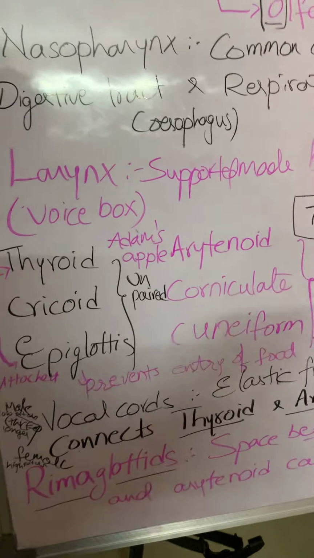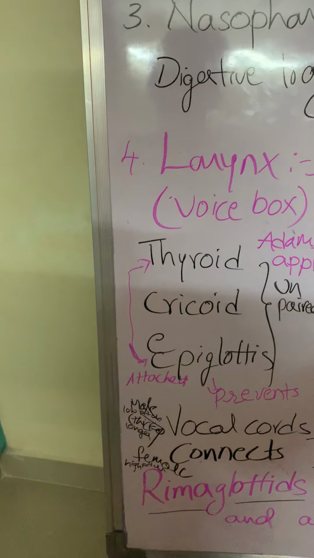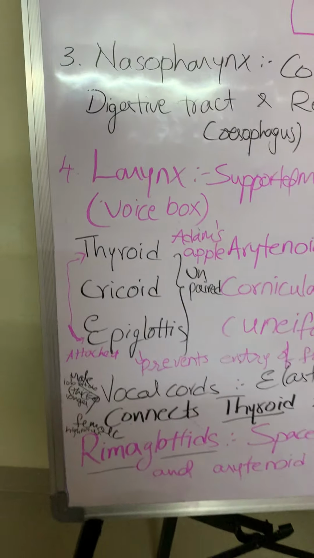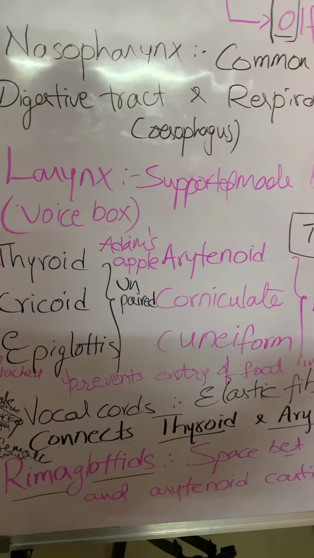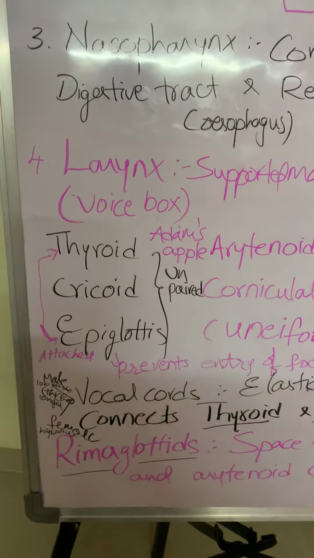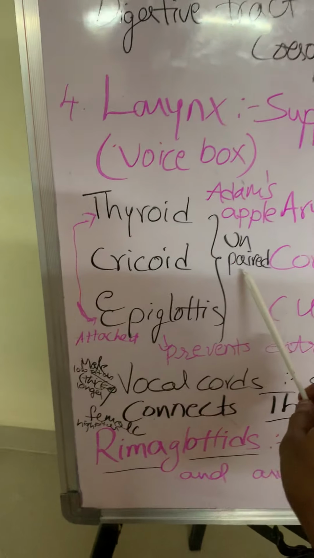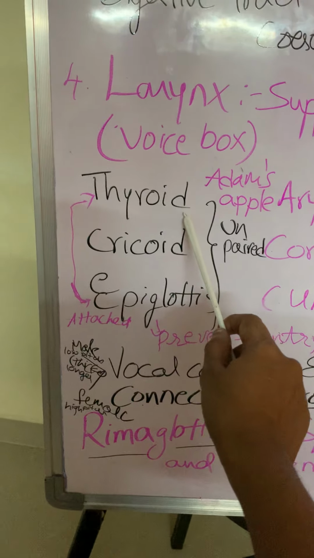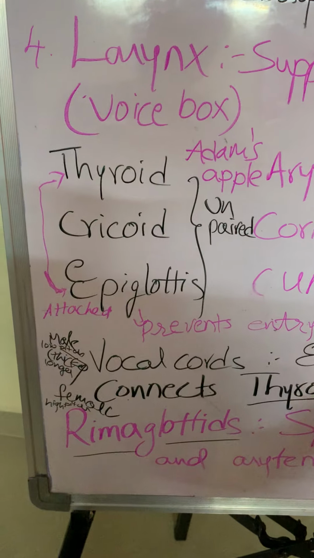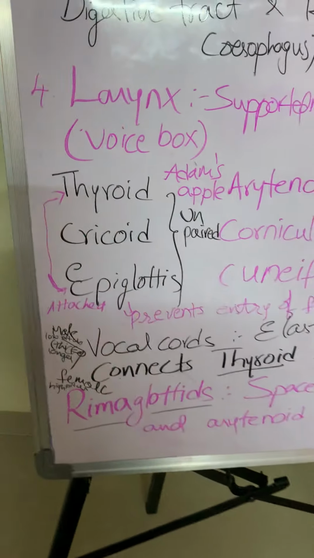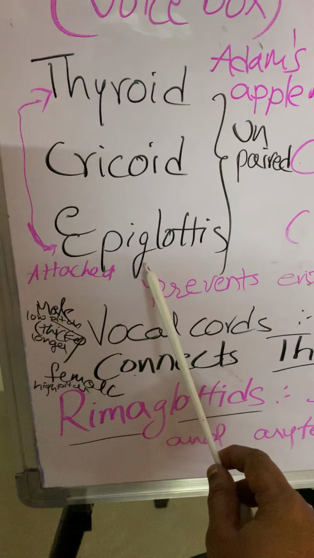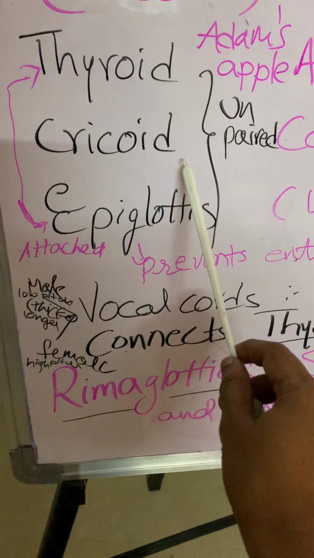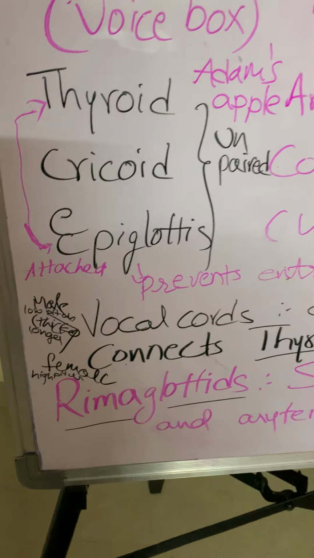This is very important for your NEET exam, so you have to remember all the 9 cartilages. Some are unpaired cartilages and some are paired cartilages. Thyroid cartilage, cricoid cartilage and epiglottis are the 3 unpaired cartilages.